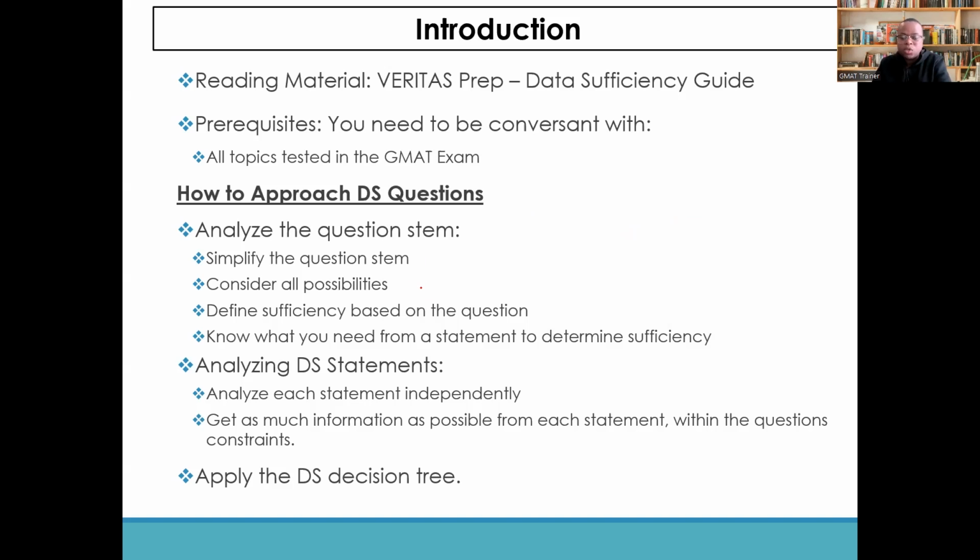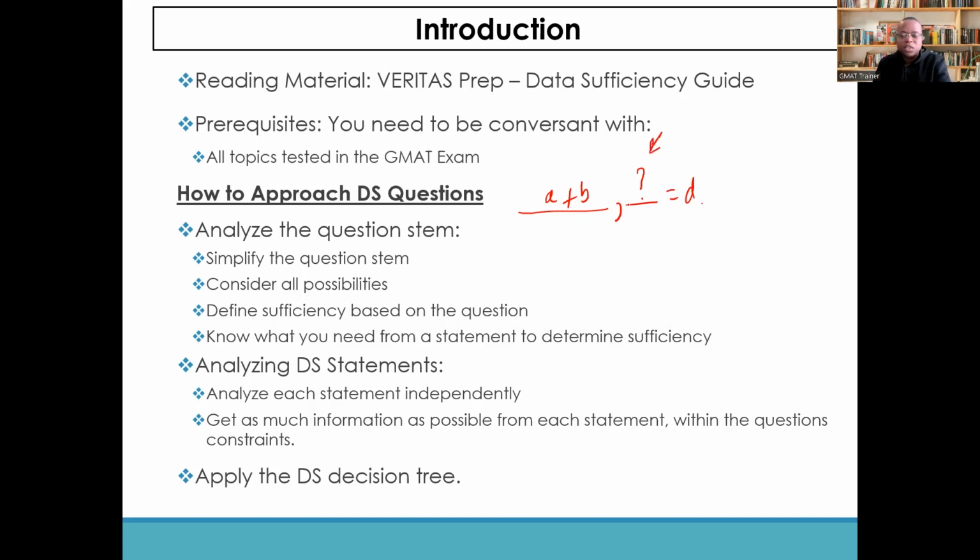Once you've done that, you'll be able to know what you need to have to determine whether a statement is sufficient or not. Given the information in the question stem, I've been told A and B, but I need to know C, which is not known, to be able to get D. So this C is what will be sufficient.